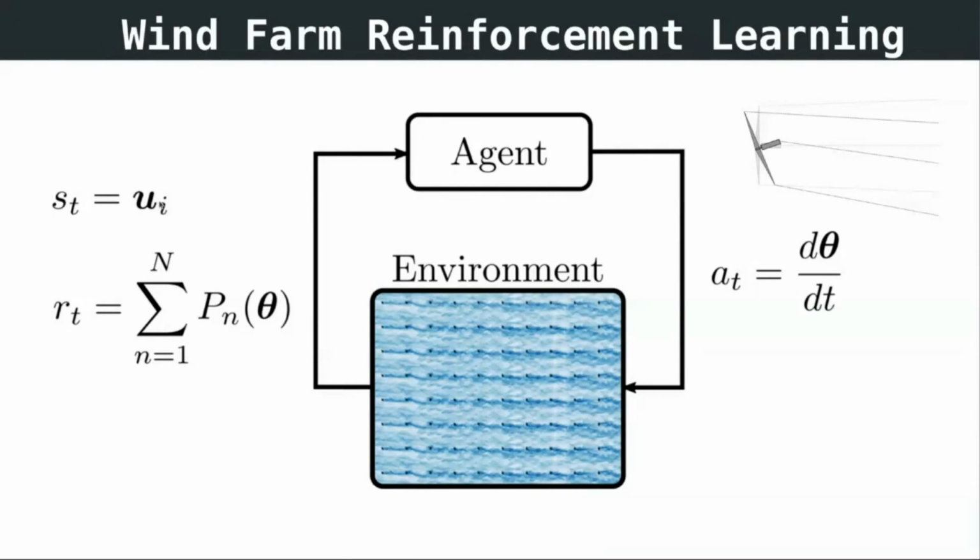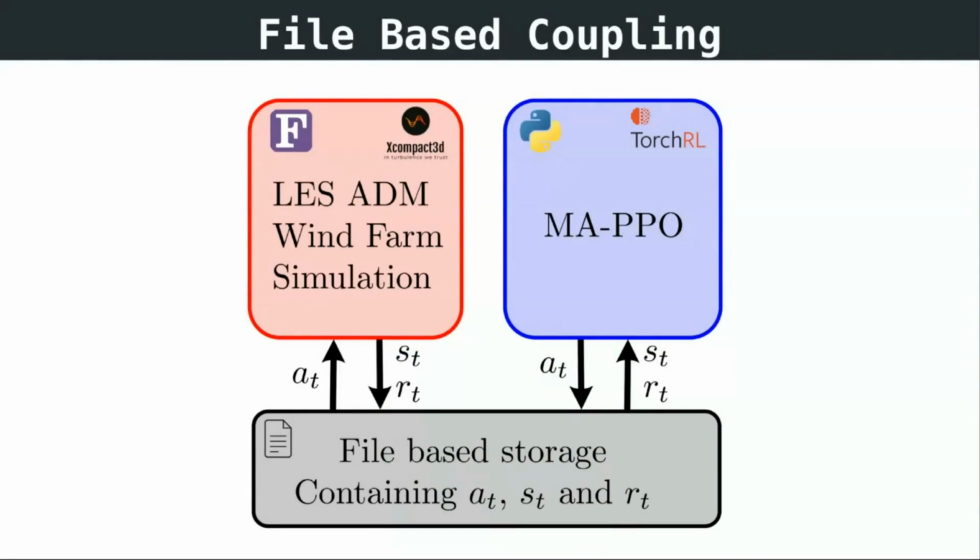And so we started off by trying to implement this reinforcement learning loop using just a file-based system. So we had XCompact written in Fortran for our large eddy simulation of our wind farm, and we had our reinforcement learning algorithm written in Python and PyTorch.